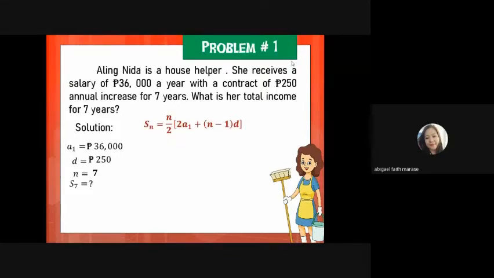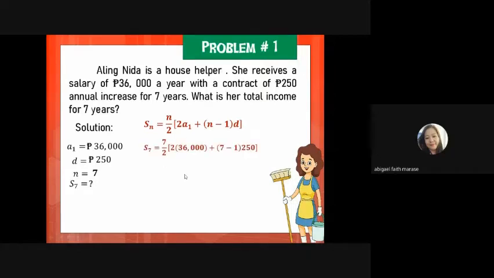That is S sub n is equal to n over 2, quantity 2 times a sub 1 plus n minus 1 times d. Substitute all the values that we have on the given to our formula.